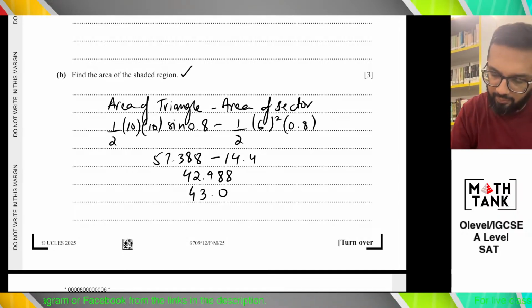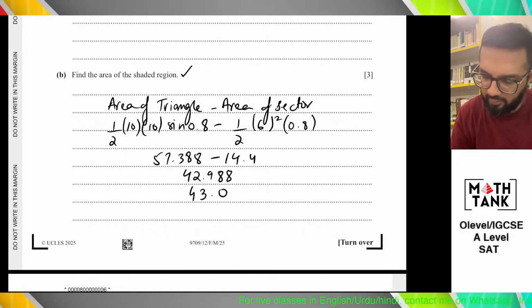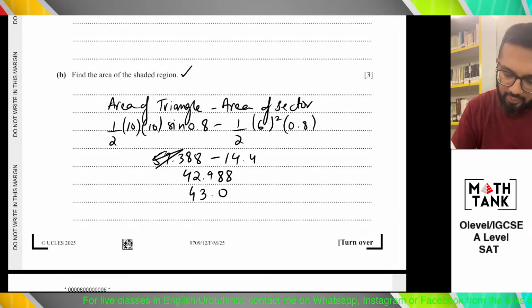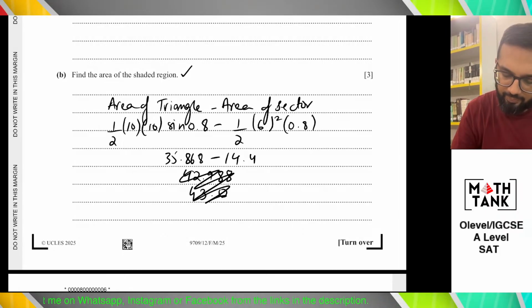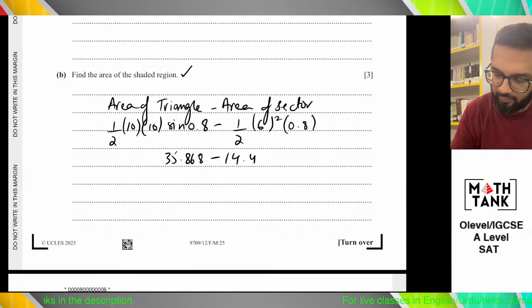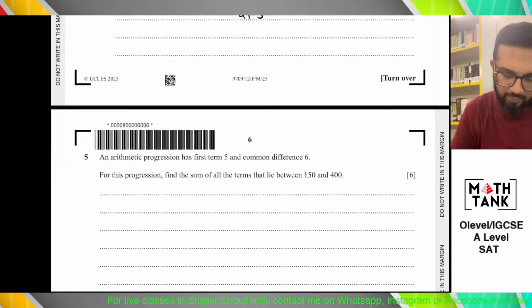Ten into 10. That has to be 35.868. That's only a calculation mistake.